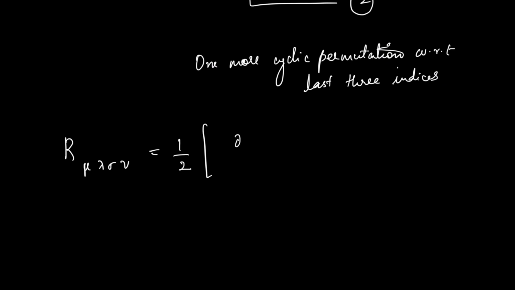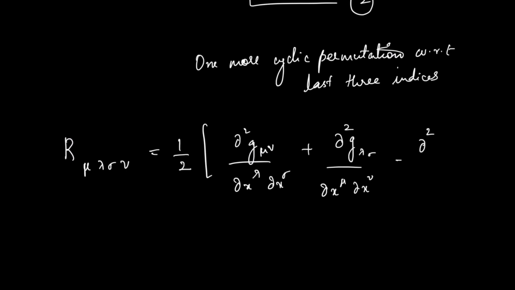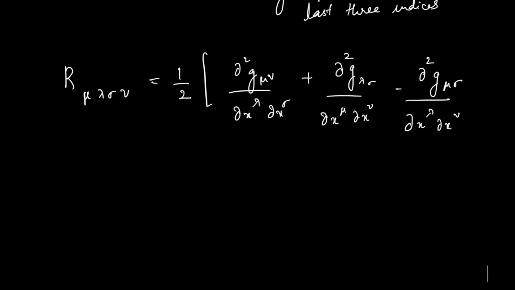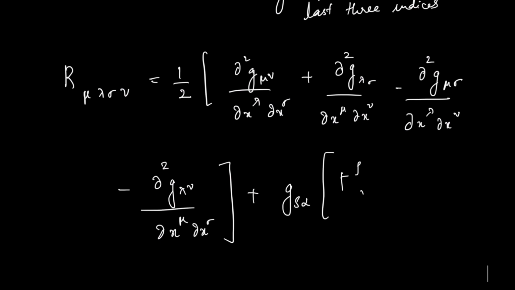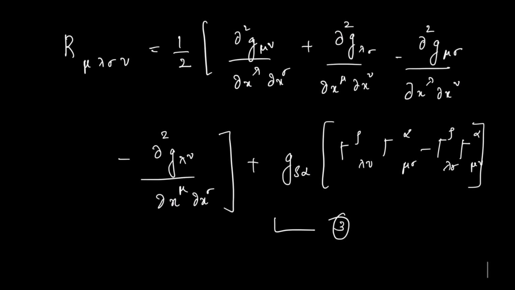Now g mu nu plus g rho alpha Christoffel symbol rho lambda nu minus, okay, so let this be 3.